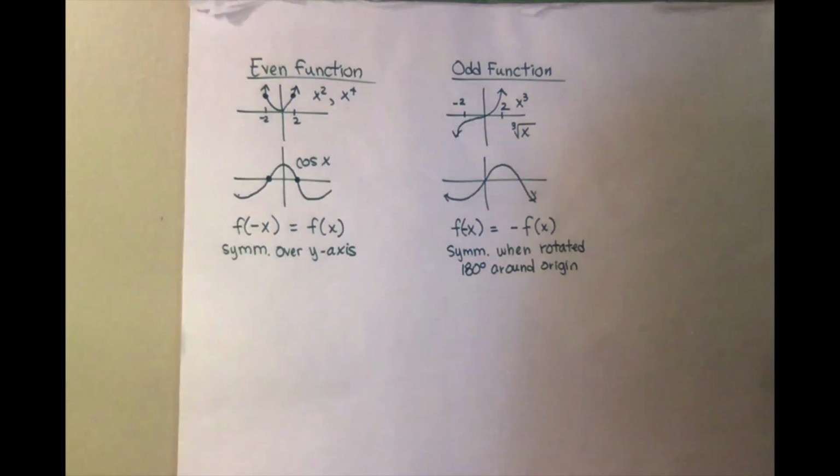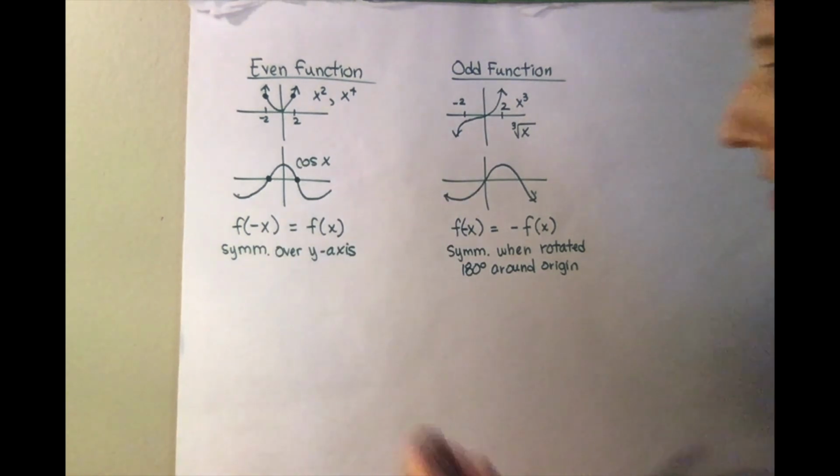Okay, so because sine is an odd function, it can be approximated by a polynomial that's odd. All of the powers of x are odd. Okay, so I would like you to formulate 2 more Maclaurin series.